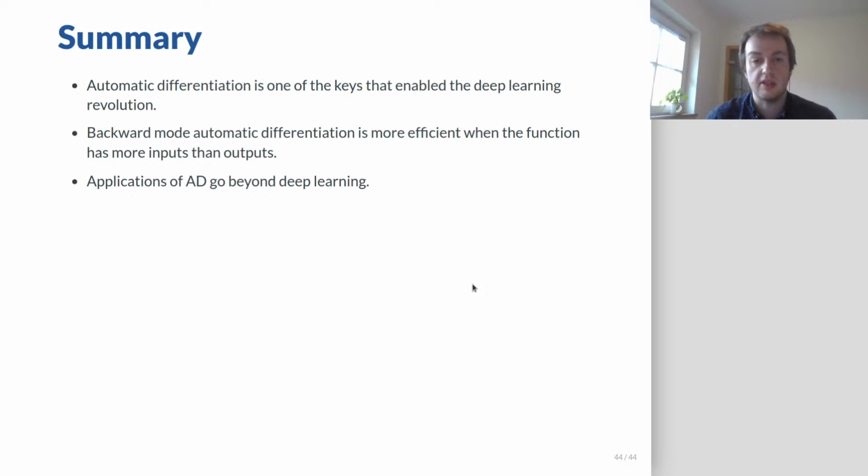And so the size of this output is just one, and given that you have usually millions of parameters, and millions is much larger than one, the backward mode usually is the best choice when it comes to deep learning. And then, as I've just shown you, applications of automatic differentiation go beyond neural networks.